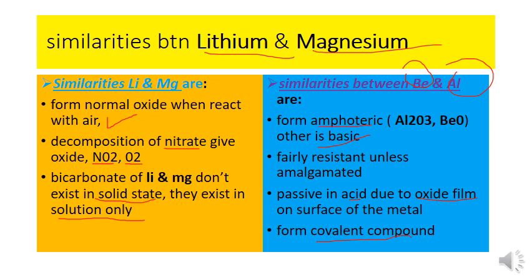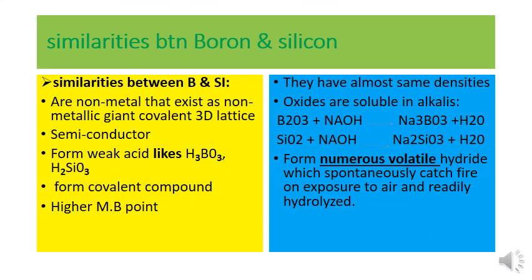So let us continue. Now we are going to see the similarity between boron and silicon. Both are non-metals that exist in a giant covalent lattice, which means they have a high melting point.